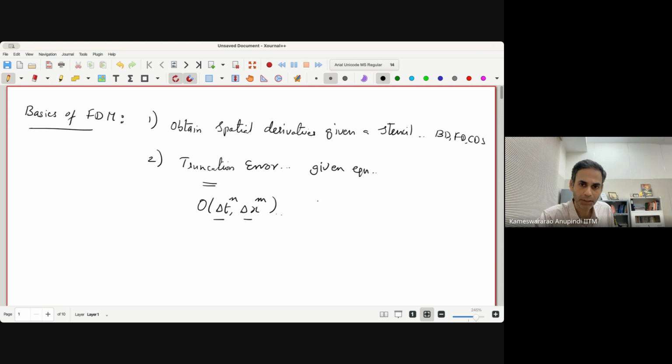We were able to discretize given an equation and scheme, and also comment on whether the scheme is consistent or not, because as you reduce delta t and delta x to smaller and smaller values, does the truncation error go to zero? We did all of these things till now.